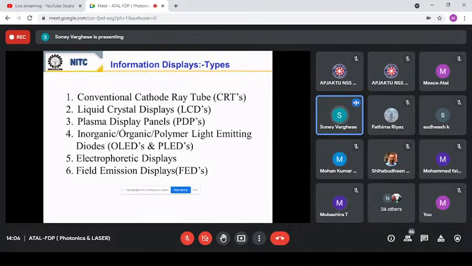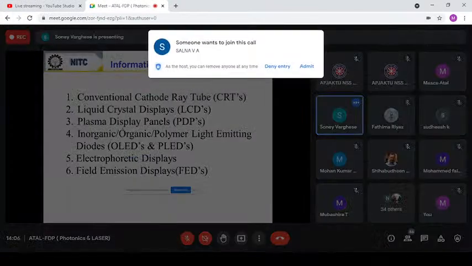Starting from your conventional cathode ray tube, we have already moved to flat panel displays. No more are we using these bulky conventional cathode ray tubes.